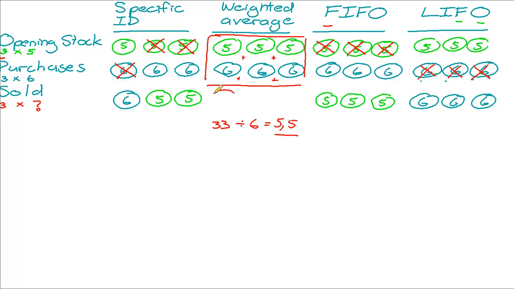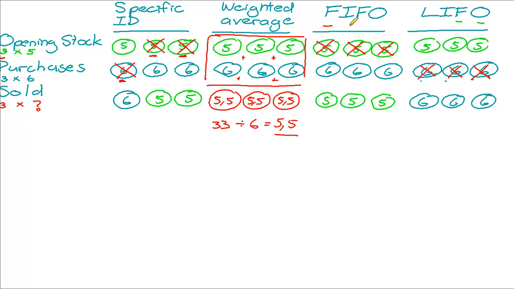So here we've got a different price, which is 5 Rand 50, 5 Rand 50, and 5 Rand 50. So even though these may have been the 3 pies that were sold under the specific identification method, we value it exactly at the right cost. Under the weighted average method, we value it at an average cost.